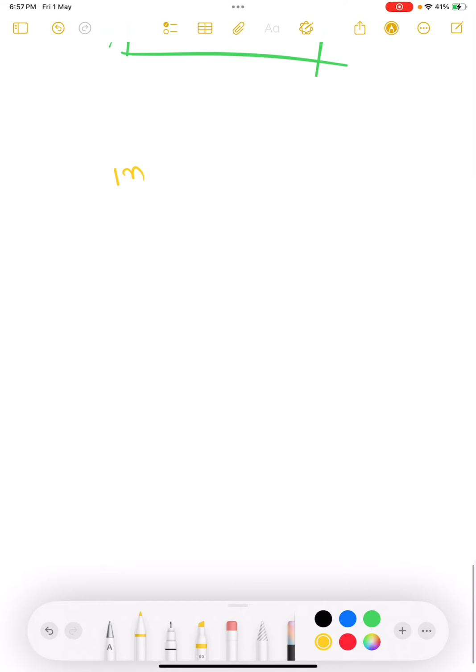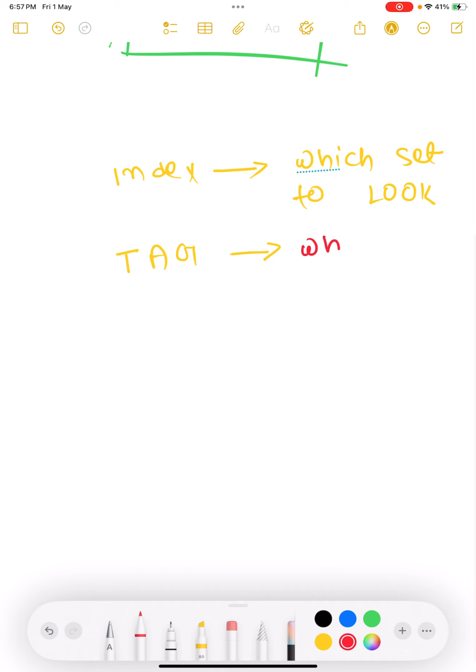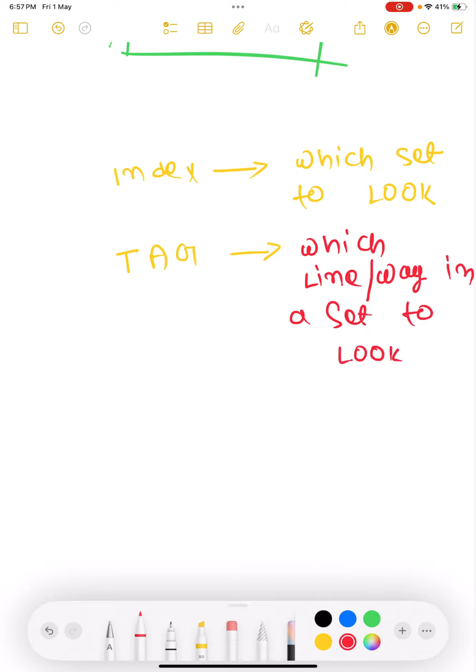The index tells which set to look in, the tag tells which line or way in a set to look at, right?